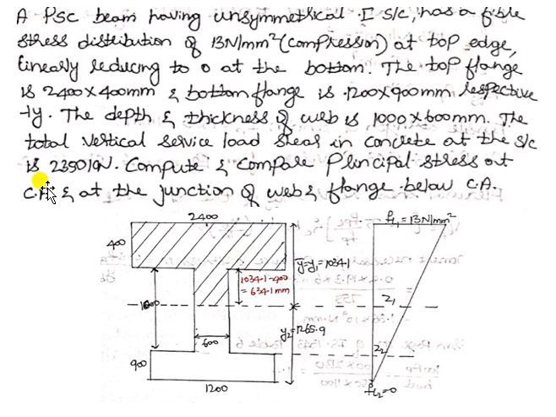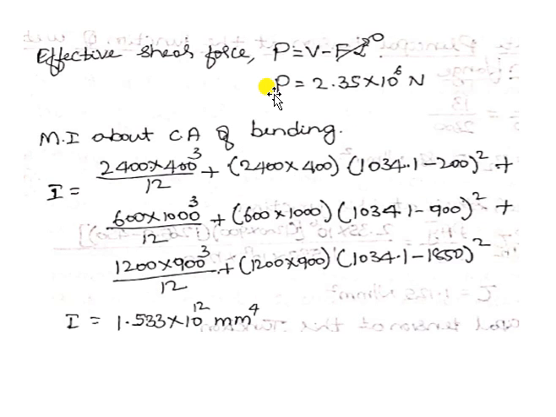It is given as the vertical service load shear in concrete at the section, 2350 kilonewton, which is nothing but shear force. So in terms of Newton, it is 2.35 into 10 to the power of 6 Newton.